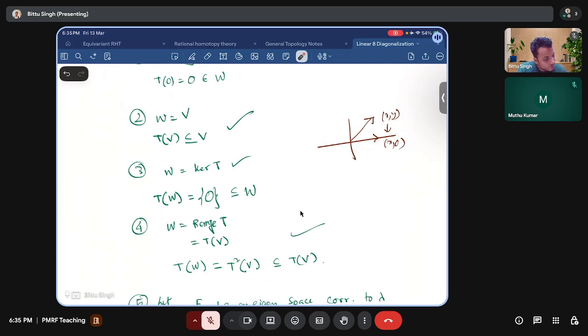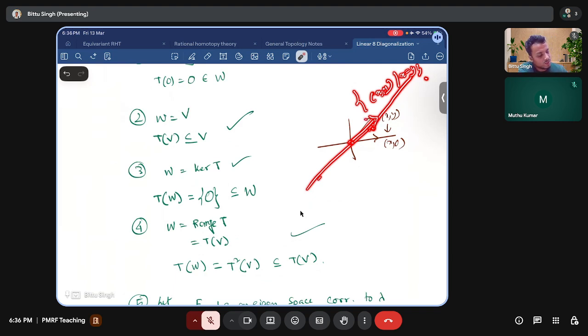But if we take this kind of subspace, this diagonal line, the subspace of (x, y) such that x equal to y, then it is clear that it is not T invariant, because all the elements except the zero vector will map to some different subspace, right?